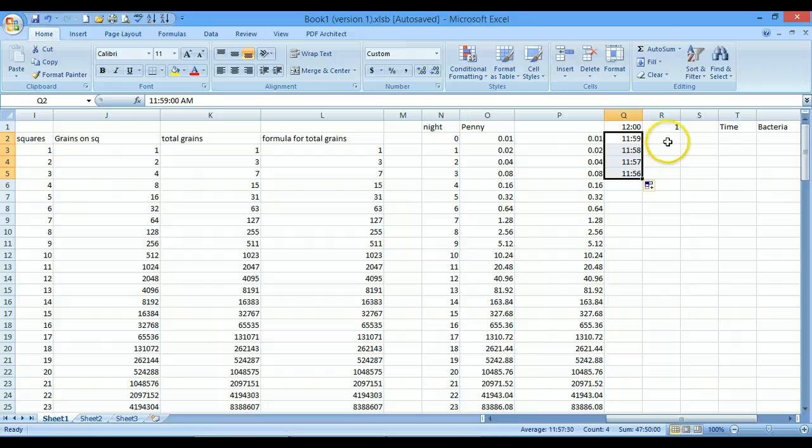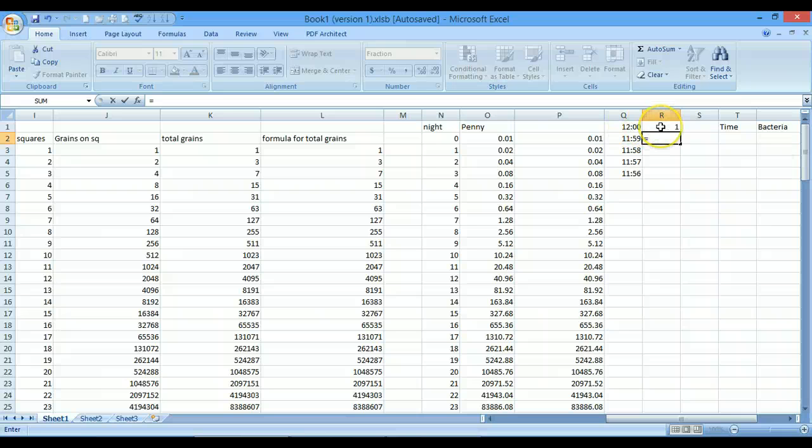If I have it being full or one bottle at 11:59, I'm going to take this and divide it by 2 or times it by 0.5. Either is the same. And it's half full at 11:59, 11:58, 11:57, 11:56.